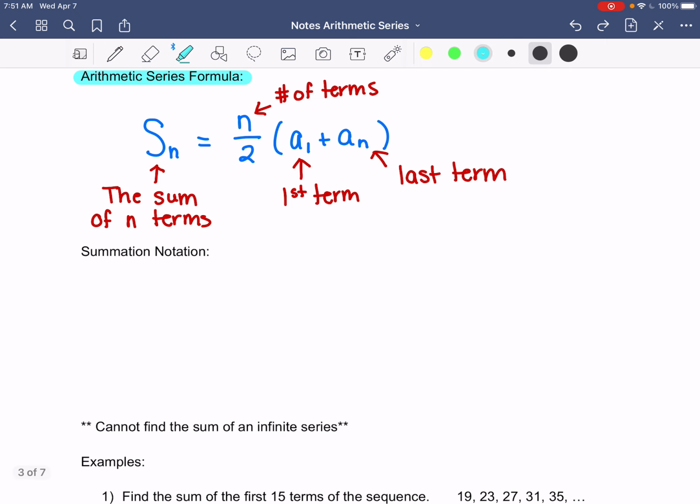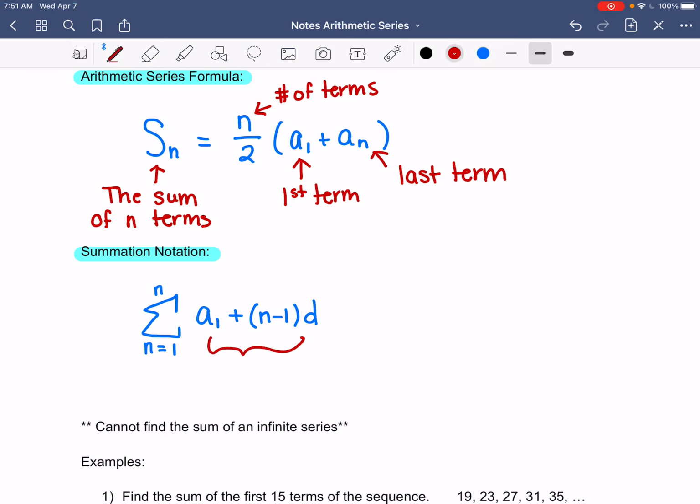Something that you should see is summation notation. Summation notation uses the Greek letter sigma. Sigma means the sum of. On top you'll have n. On the bottom usually is n equals 1. And then whatever the arithmetic rule is will be right here. Usually it'll be simplified, but just the arithmetic rule. So here's your rule or your formula for your arithmetic sequence.